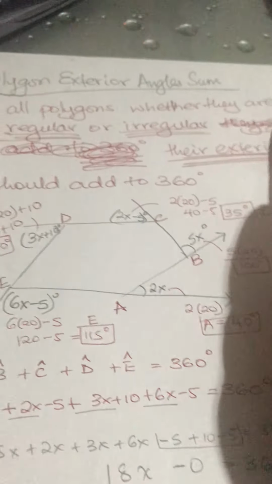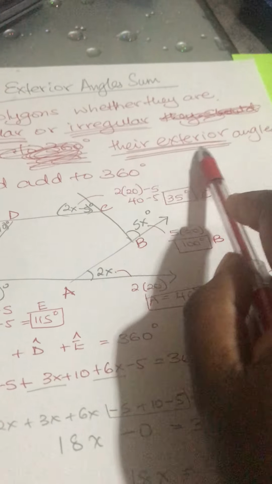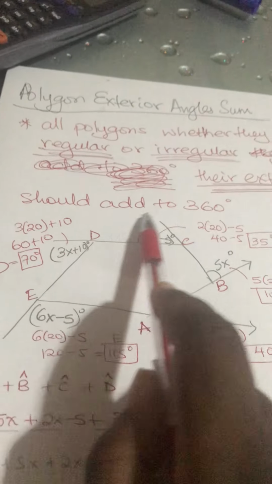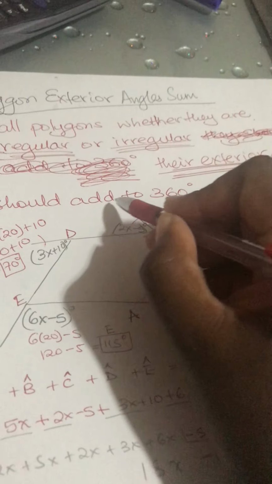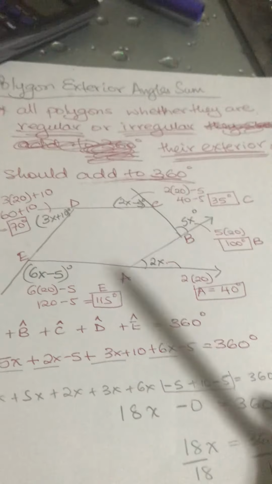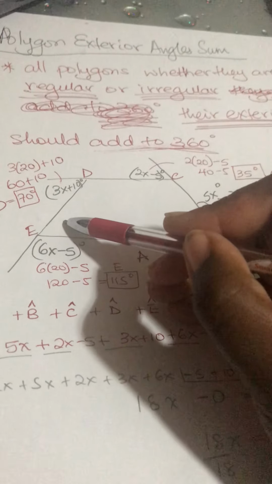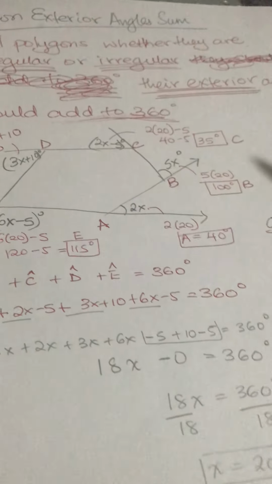All polygons, whether they are regular or irregular, their exterior angles should add to 360. Very important. So now, I have this polygon over here. My angles are outside. You see inside here, there are no angles inside.